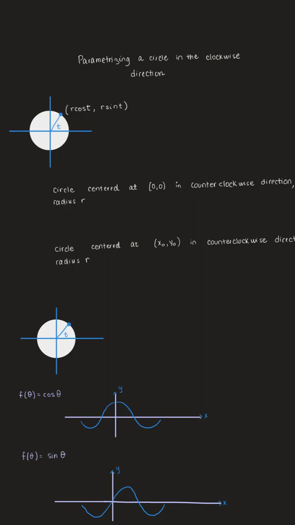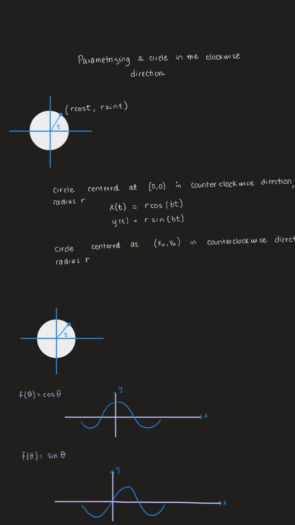I'm going to let the angle be represented by the parameter t, and we know that our parametric equations that we obtained, when the circle is centered at the origin, are x of t equals r cosine of bt, and y of t will be r sine of bt.